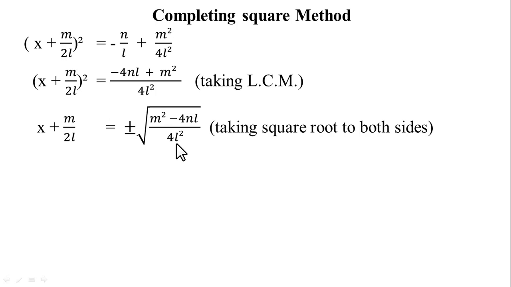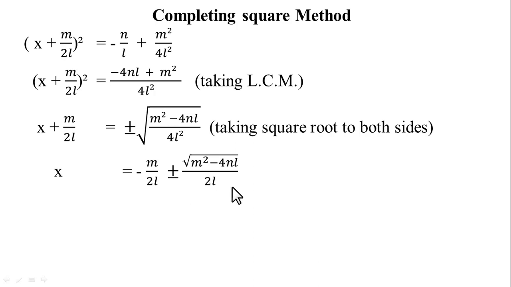Here we can write that x is equal to, moving m upon 2L to the other side, minus m over 2L plus minus the square root of m square minus 4nL divided by 2L.